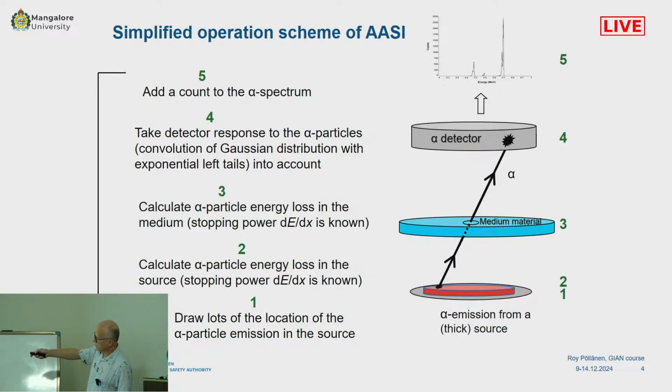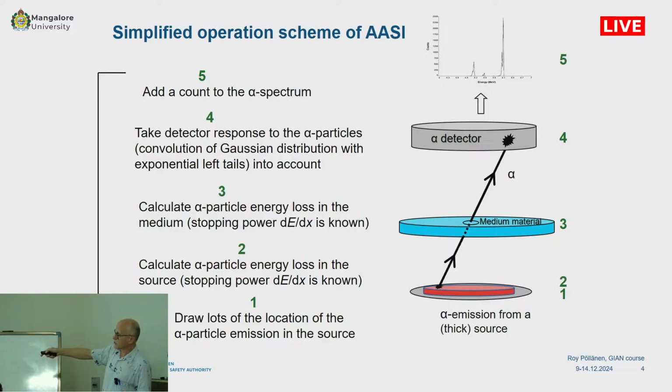The source is here, the detector is here, and medium material is here, if any medium. This is not necessarily present in the simulation. So, in the beginning, let's emit one alpha from the source and draw lots of the location of the alpha particle emission. For example, in this case, in this place.